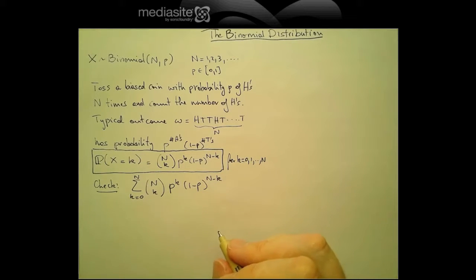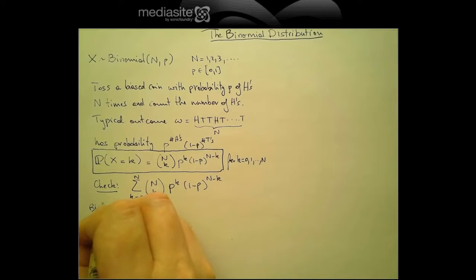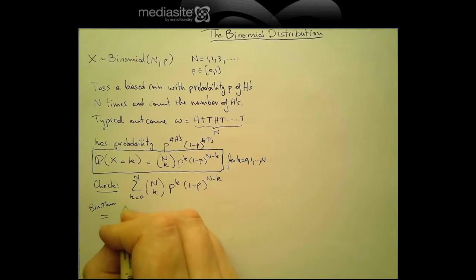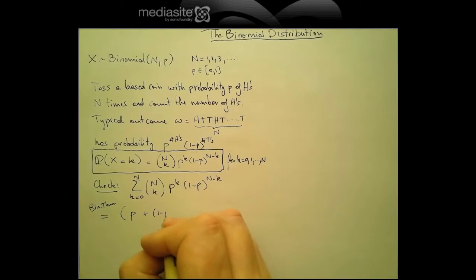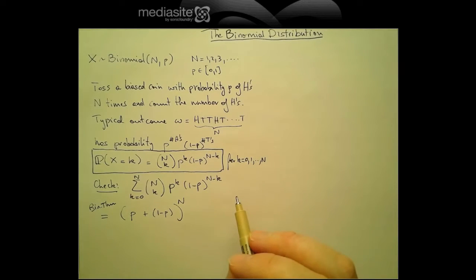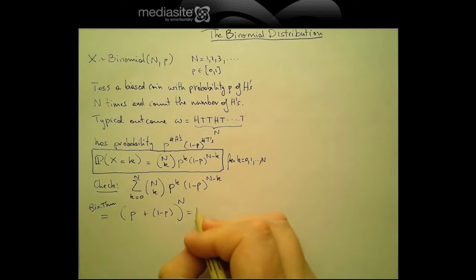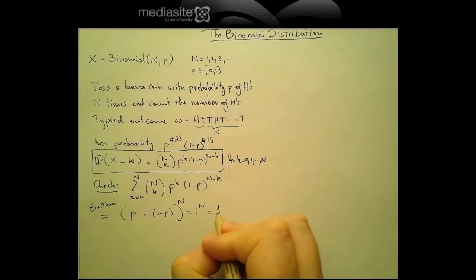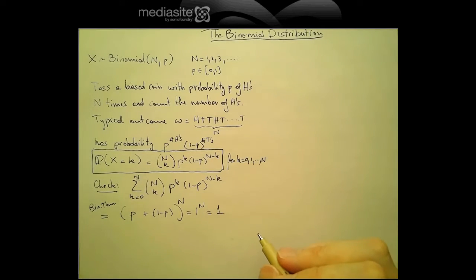Okay, luckily we have the binomial theorem. The binomial theorem tells us that this is the expansion of p plus 1 minus p to the power n. Okay. But now p and minus p cancel, you get 1 to the power n, which is just 1. Okay.